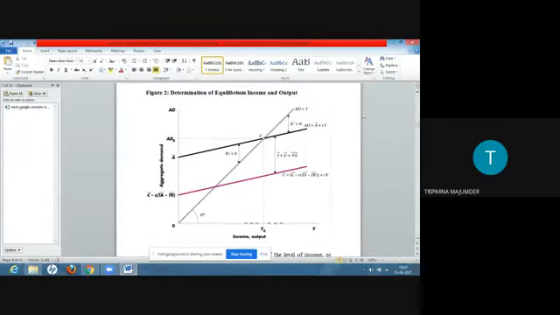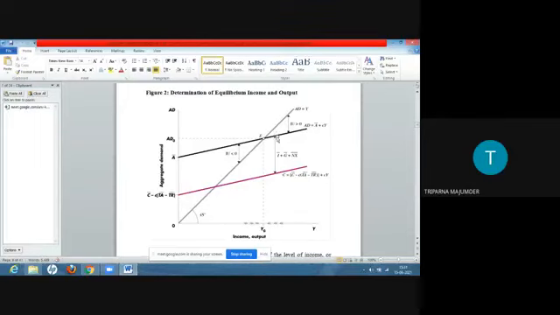What I tried to say in the last sentence is that if my A bar is constant, but marginal propensity to consume rises, it implies that the slope of this aggregate demand curve rises.